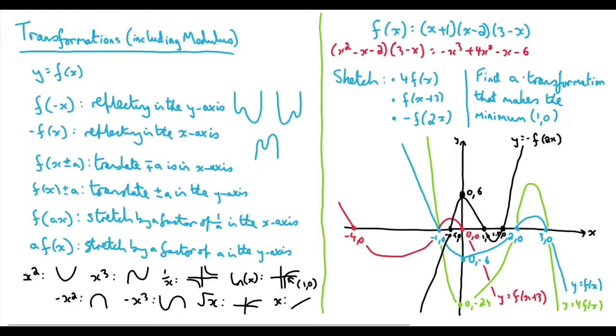So, if these were all of your sketches, then that just leaves us with now trying to figure out this other puzzle here of finding the transformation that makes the minimum point (1, 0). As I said before, if you haven't covered the topic of differentiation yet, don't worry so much about this. If you have though, again, I also advise that we round our values to 2 decimal places just to make things easier for ourselves.